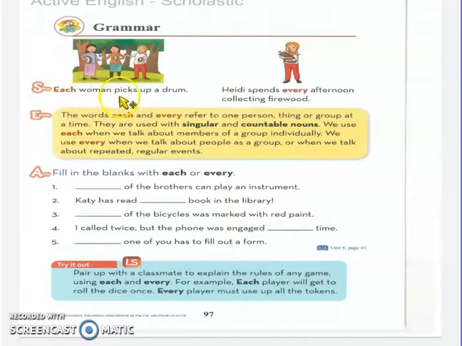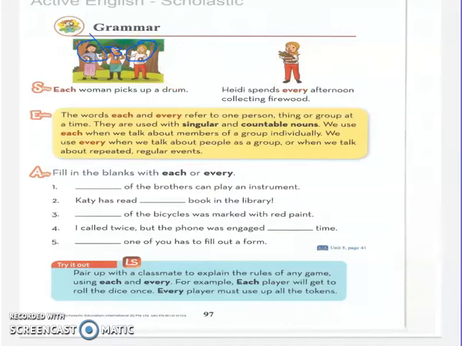Here we use each to talk about each woman in the group, each woman individually بشكل فردي. So as we learned here, each is individual for each woman. We talked about each member individually.